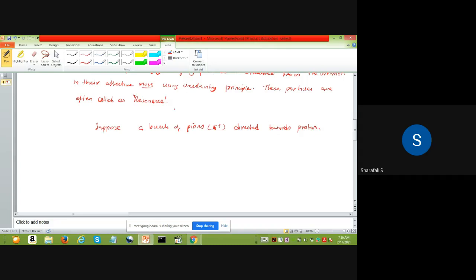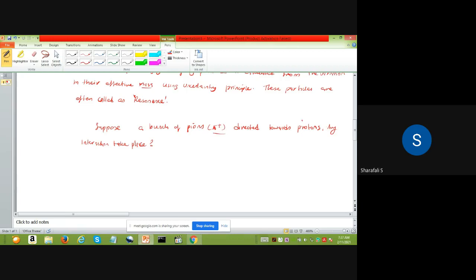So what will happen if you have a bunch of ions directed towards protons? Any interaction takes place in this particular process. We have a bunch of ions, pi plus, directed towards protons.